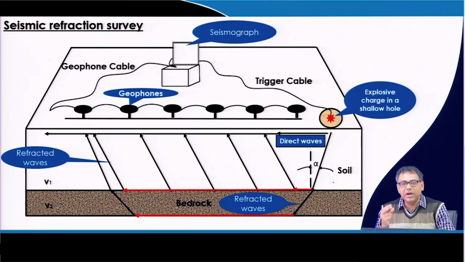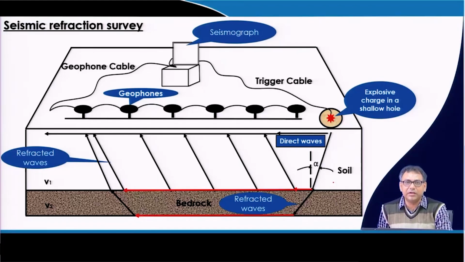So, to remove that limitation, the seismic refraction survey can be conducted, where we have to measure only the first arrival time of the wave. That means we measure the travel time when the wave is received by the geophone the first time. So, we measure only the one wave that is received by the geophone first. That is the advantage of the seismic refraction survey over the reflection survey.